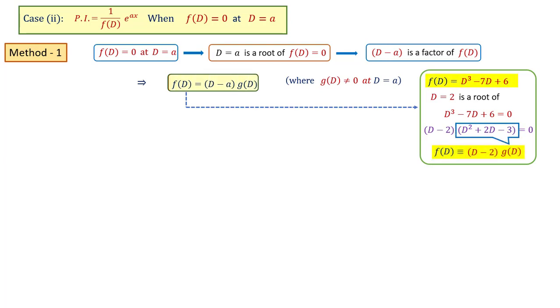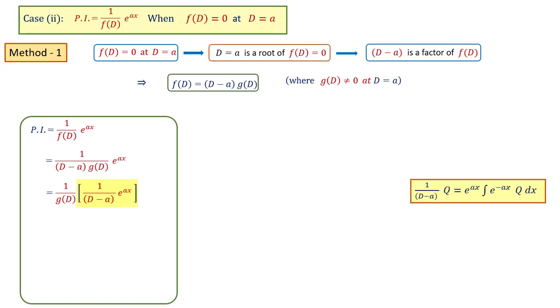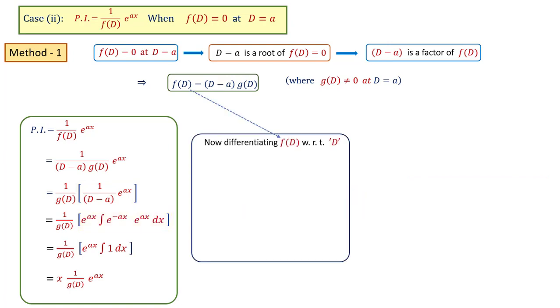Now the particular integral is as shown. Here to find 1 upon D minus a of e power ax, we will use this result. Now differentiating f(D) with respect to D, we get f dash D is equal to (D minus a) g dash D plus g(D).